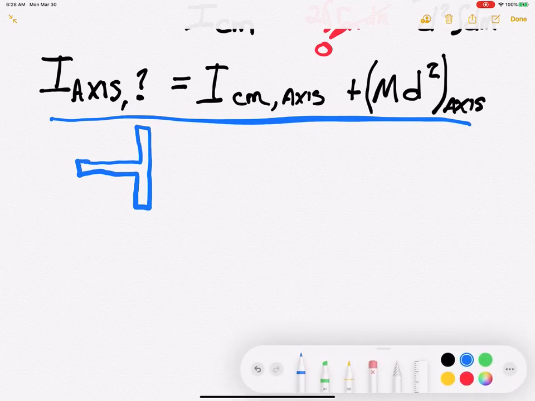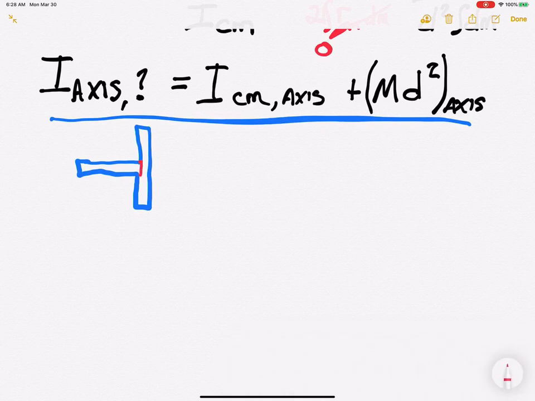But ultimately, it helps to think of them as two rods. And let's rotate them about the end of this one. Okay.